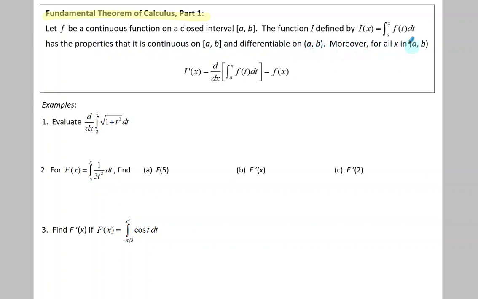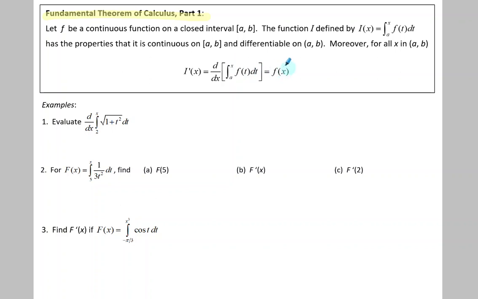Moreover, for all x in the interval a to b, the derivative of I of x, I prime of x, equals the derivative with respect to x of the integral from a to x of f of t dt, which equals f of x.